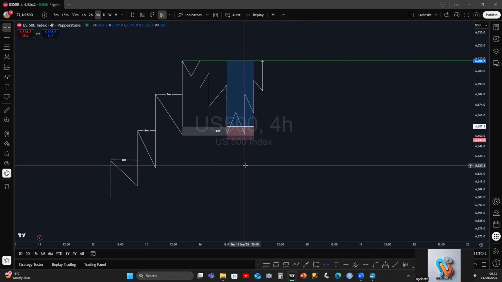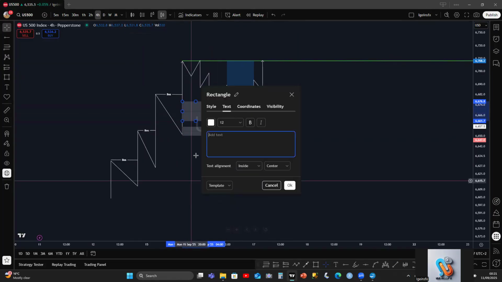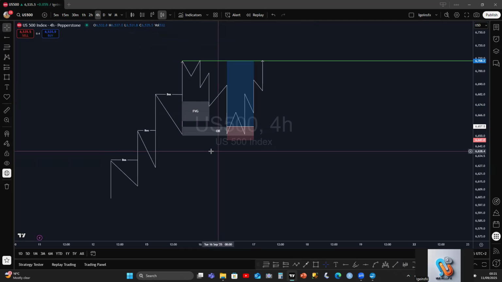Another thing that you will notice is what? You notice FVG, fair value gap, or imbalance. If imbalance is present here, then you know that, okay, this is an A plus FVG. This is an A plus setup. All right.